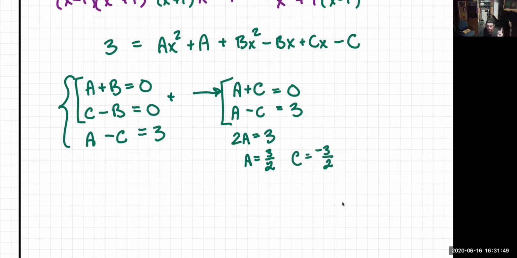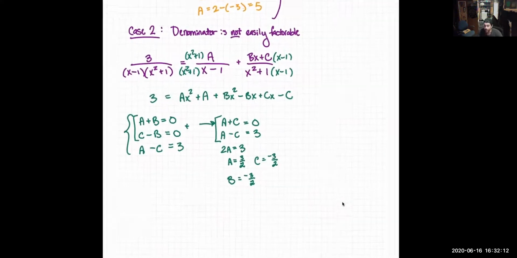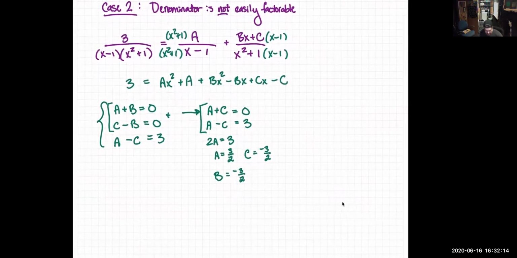And if c minus b is 0, that means negative 3 over 2 minus b is 0. So b is going to have to be negative 3 over 2, because negative 3 over 2 minus negative 3 over 2 is equal to negative 3 over 2 plus 3 over 2, which is 0. So that tells us it felt like we maybe encountered a problem originally, but we solved it easily.